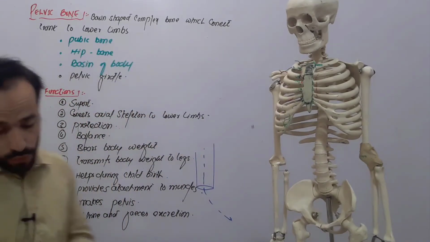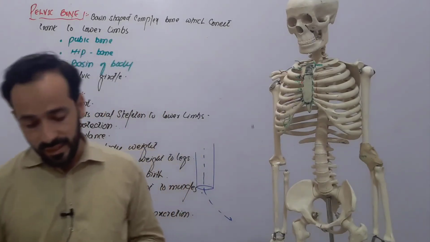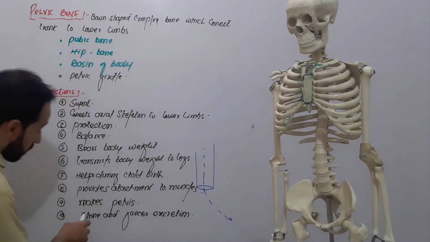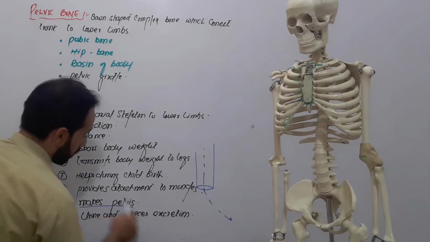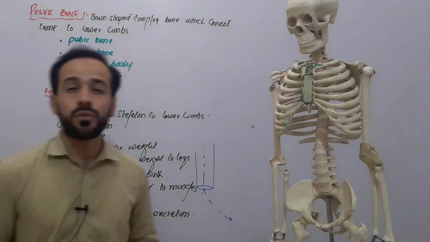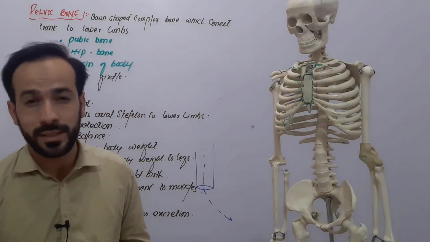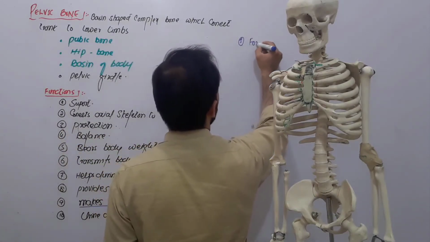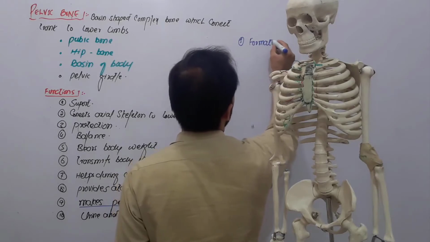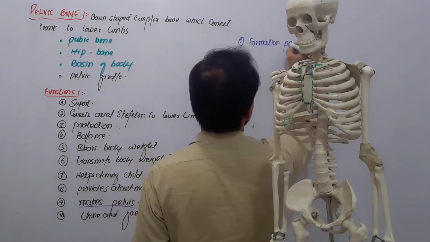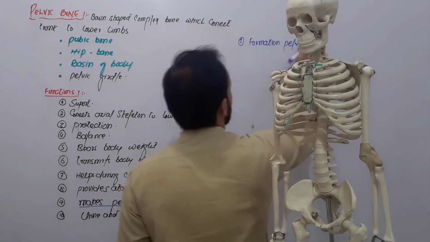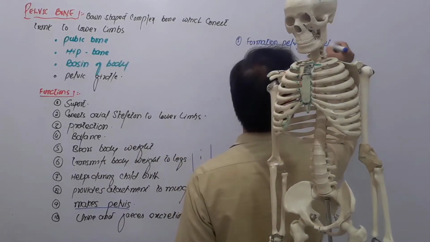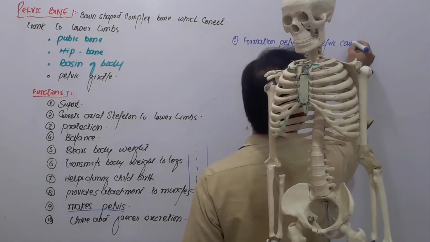Now the next important thing is what does it do? This pelvic bone, as I said, makes the pelvis of your body. So your pelvis is made up of what? Let me write here: formation of pelvis, or pelvic cavity.